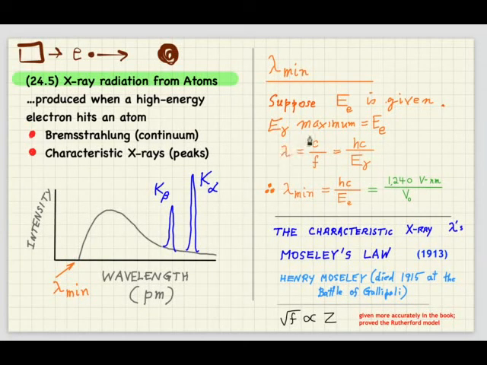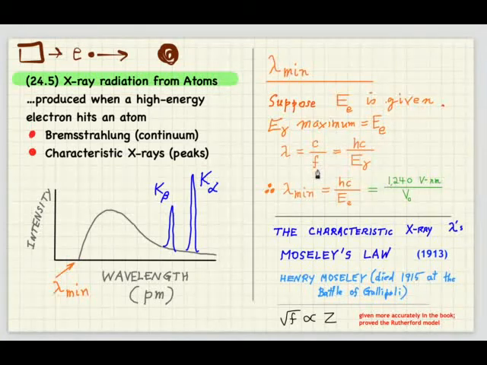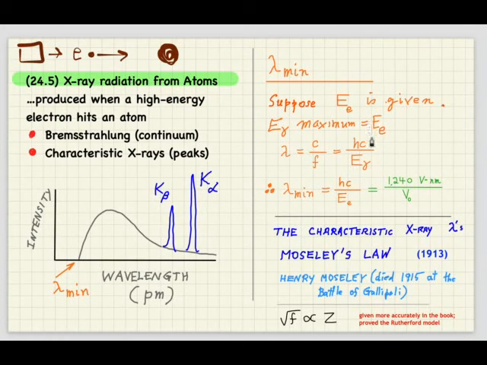Now remember, wavelength is c over frequency. Multiply numerator and denominator by h, that's hc over photon energy. So the minimum wavelength of the X-ray produced will correspond to the maximum photon energy, which corresponds to the electron energy of the incident electron. hc has a value of 1,240 electron volt nanometers.